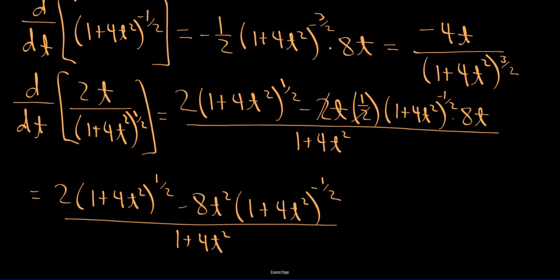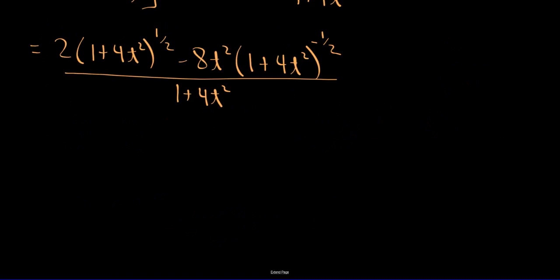Okay. Now, there's a trick that we've always used that if we want to get rid of this negative 1/2 power here, just multiply through by 1 plus 4t squared to the 1/2 power. Because then when you add the negative 1/2 to the 1/2, it's 0. So the whole radical here goes away. And here's what you get. Up top, you'll get a 2 times 1 plus 4t squared to the first power, right? 1/2 plus 1/2 is 1.